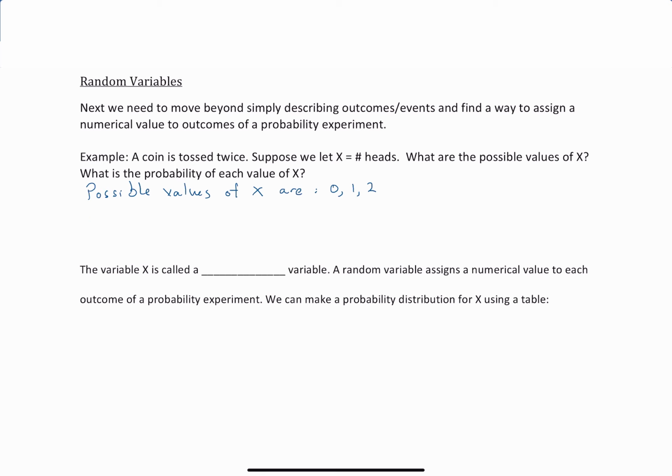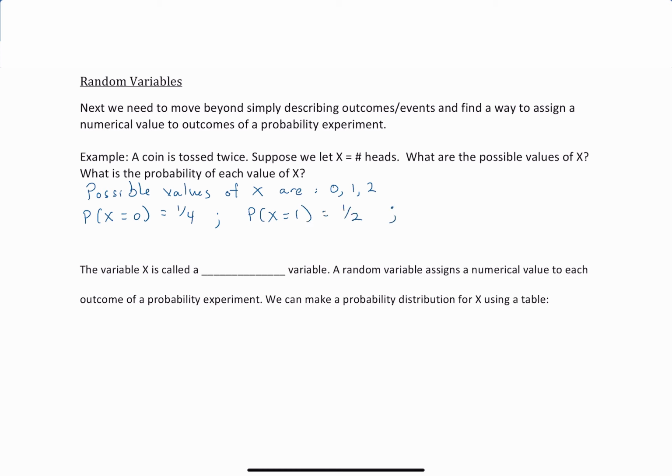The probability that X is 0, meaning no heads, we computed as 1/4. The probability that you get 1 head, in other words, that X is 1, is 1/2.